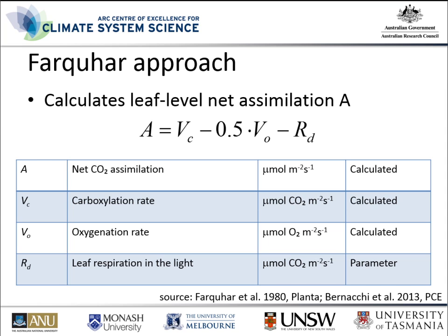This is the original one, and most of the things I've done I kind of copied from that one. So this describes the net assimilation that's happening at the leaf, A. So this is carboxylation, which is when the rubisco is utilizing CO2 and starts to actually do photosynthesis, minus oxygenation, this is the photorespiration, minus Rd, this is the dark respiration.